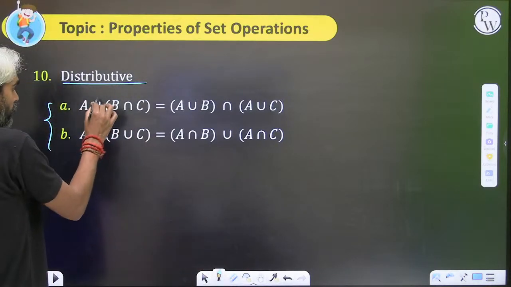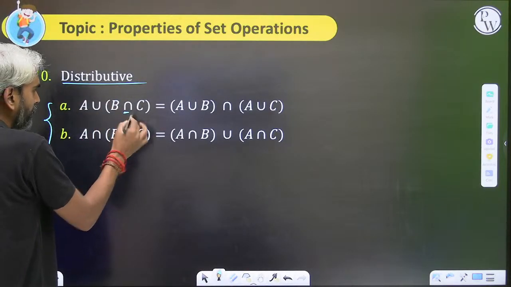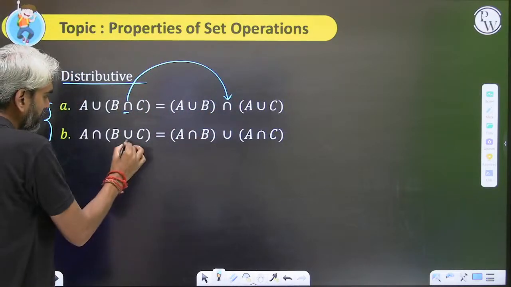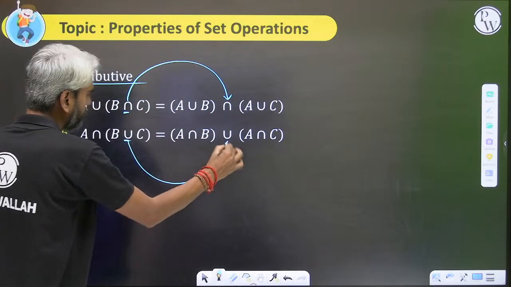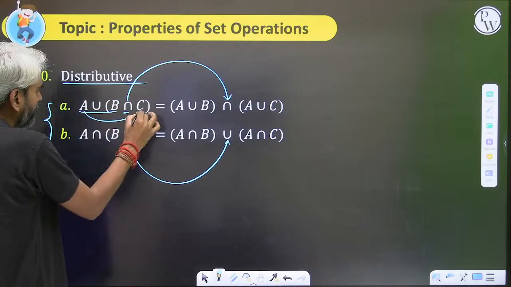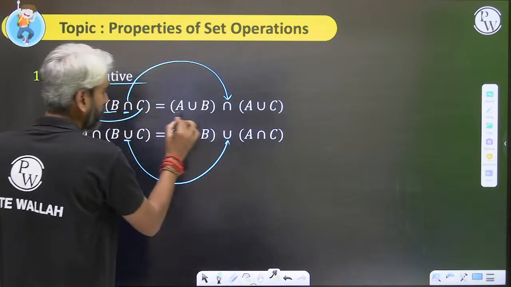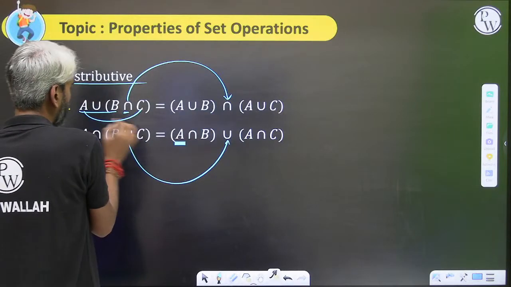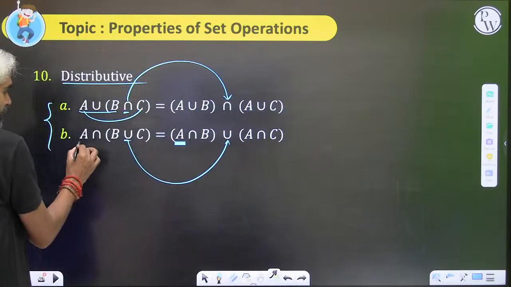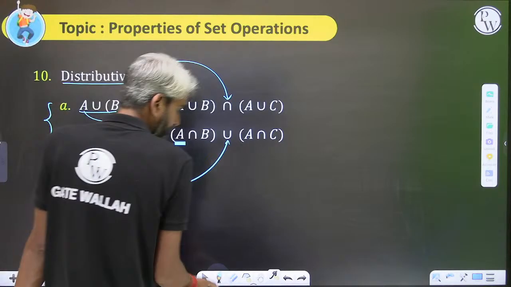So if you have A union, whatever is within the bracket will become the common point of the two sets. So it will become A union B and A union C. One will be A union B, another will be A union C, and finally you will have the intersection of these two.